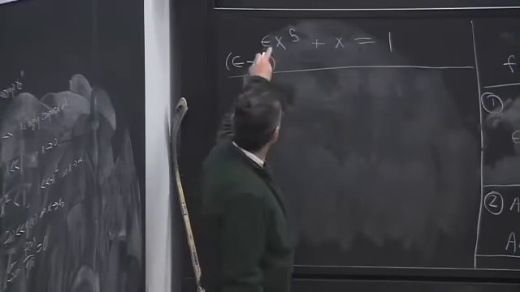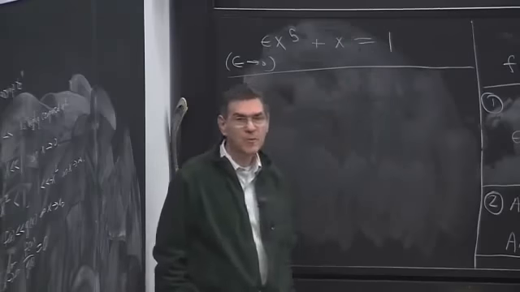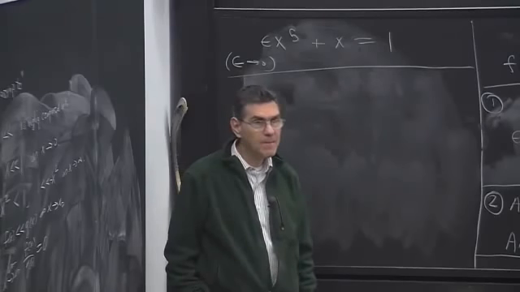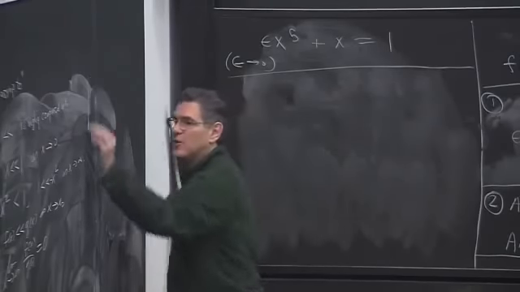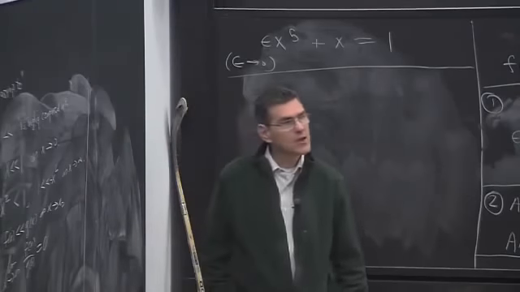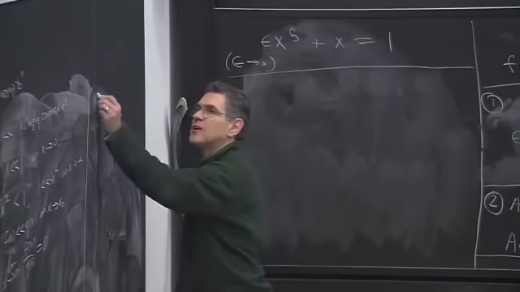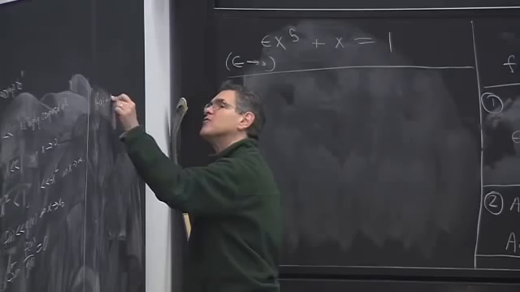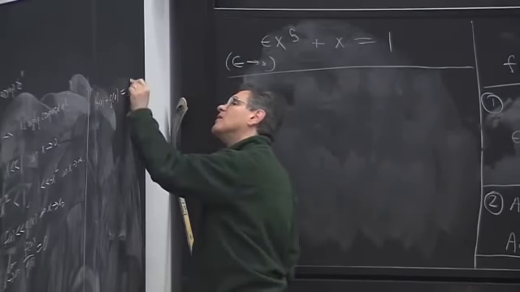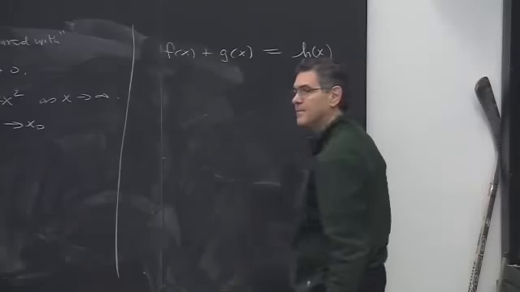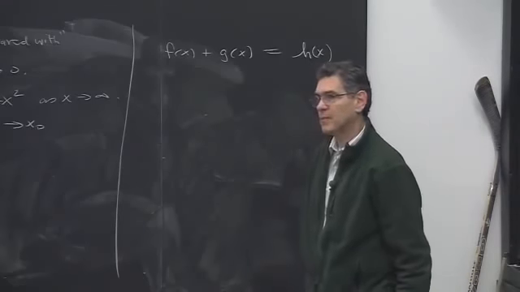Well, you notice that there are three numbers in this equation. Okay? In fact, let's make a general statement before we approach that. Suppose I have an equation that says f of x plus g of x equals h of x. Suppose you have such an equation. Okay?